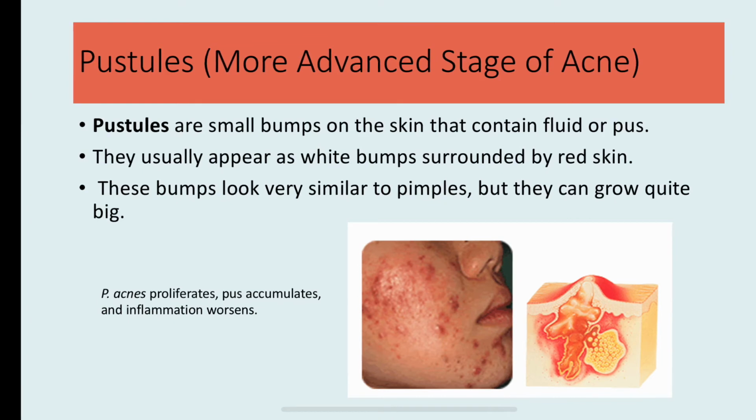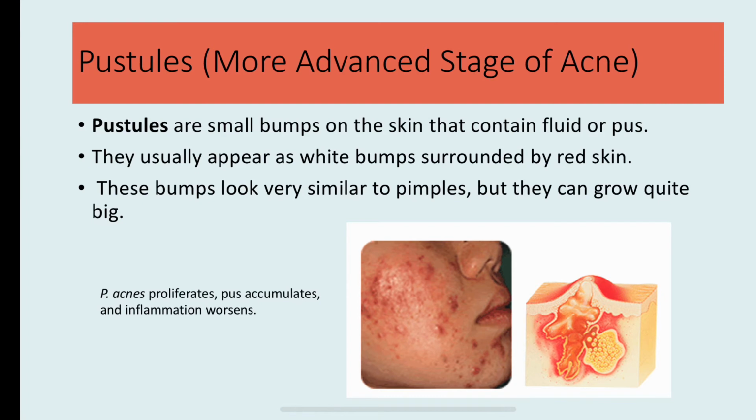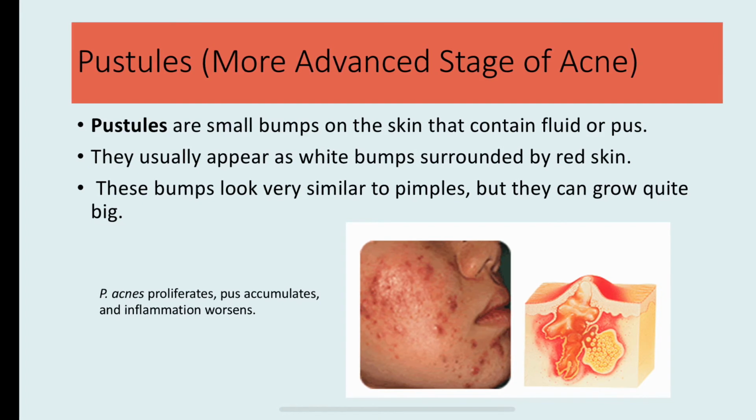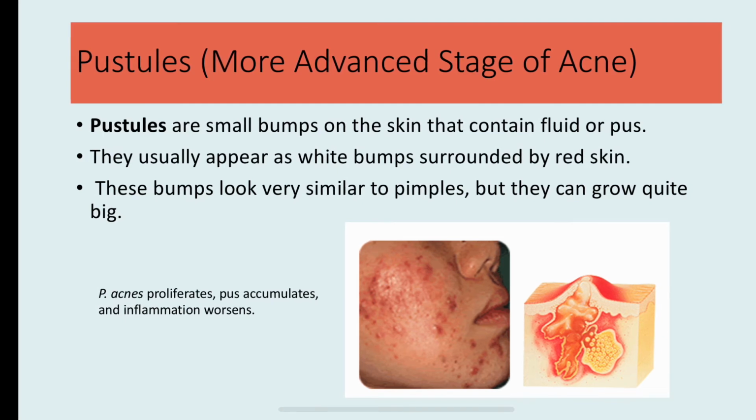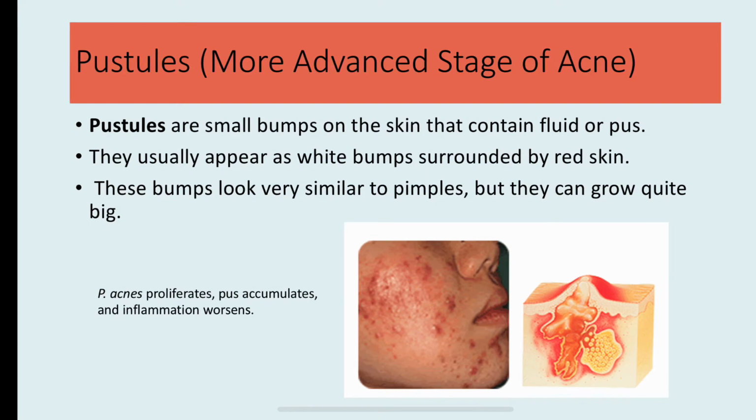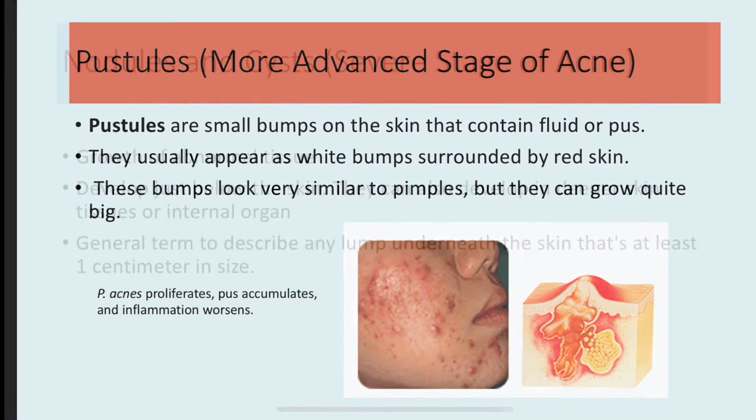They are small bumps on the skin that contain fluid or pus. They usually appear as white bumps surrounded by red skin. These bumps look very similar to pimples, but they can grow quite big. As acne proliferates, pus accumulates, and inflammation worsens.